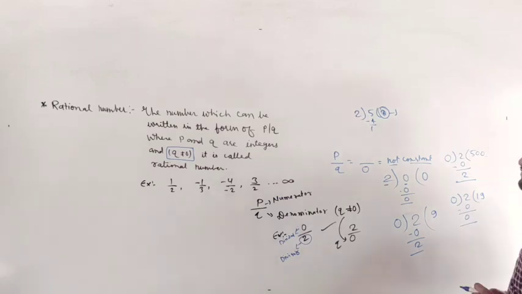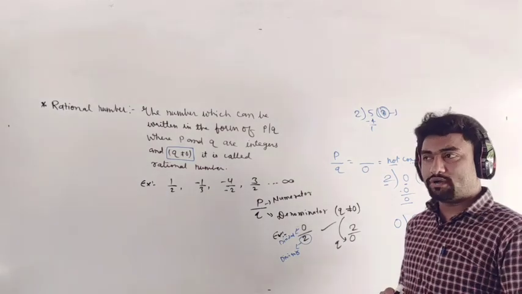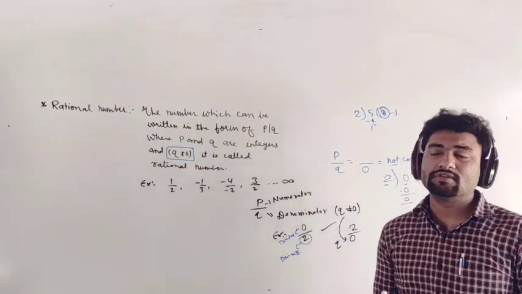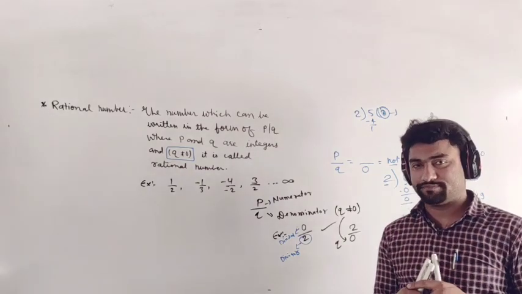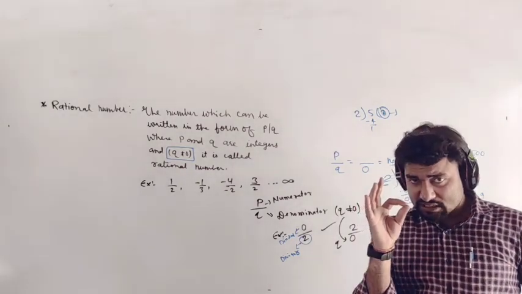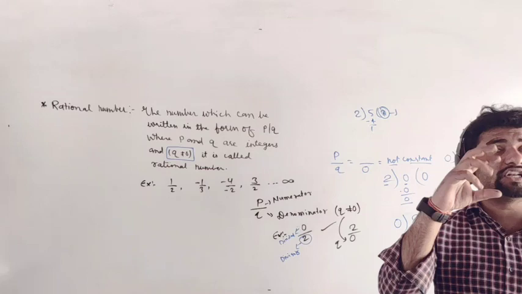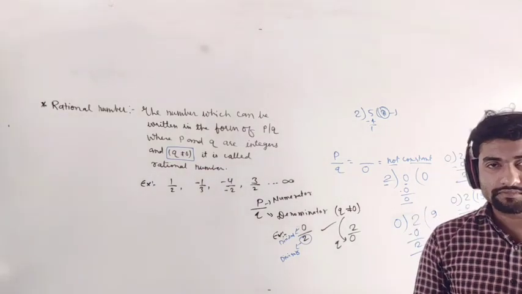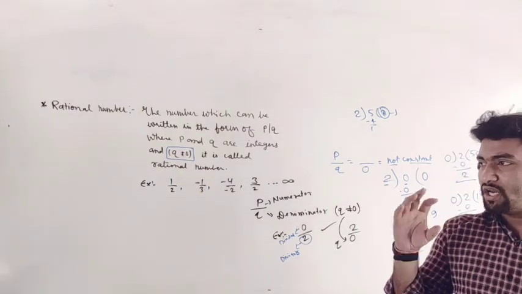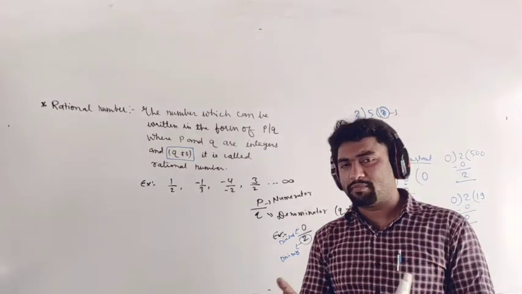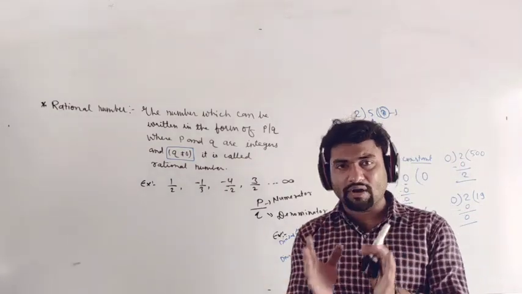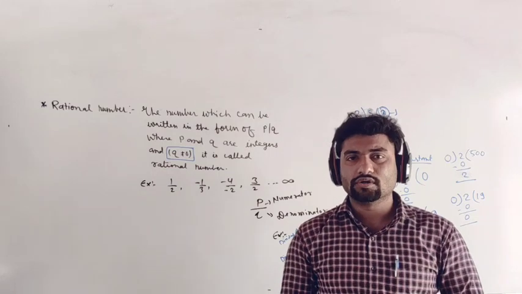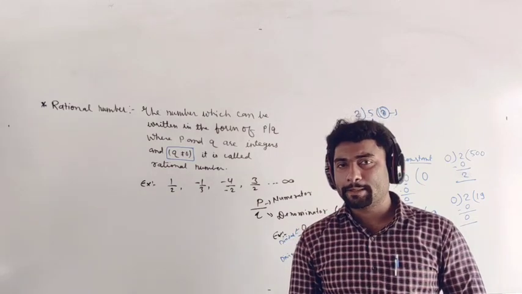So we have studied from class 1 to 9 and now class 10. We study different kinds of numbers, but for all of these numbers the numerical value is fixed. The numbers we studied, natural numbers, whole numbers, many other numbers in previous classes, all have fixed numerical values.